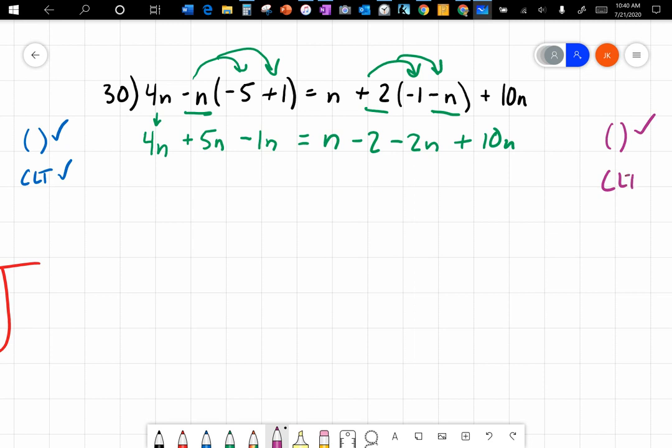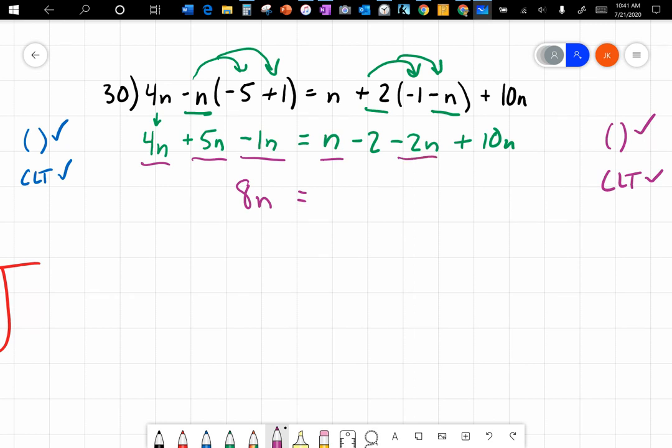Now I got to combine like terms because I got a bunch of like terms here that need combining. So over here on the left side, I see 4n, 5n, and negative 1n. If I combine all those, I'm going to come up with 4 plus 5 is 9, minus 1 is 8n. And that's equal to, let's combine over here, we got n, negative 2n.